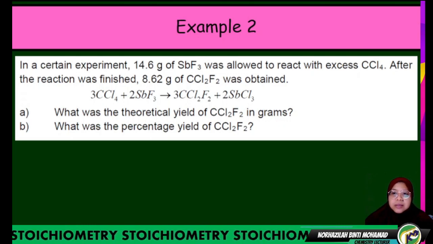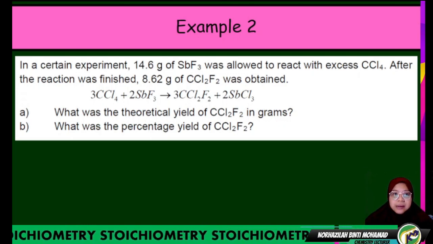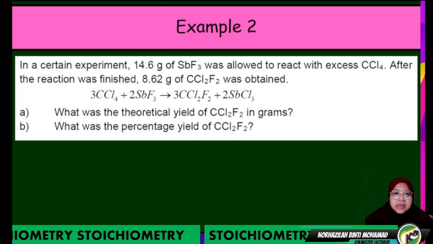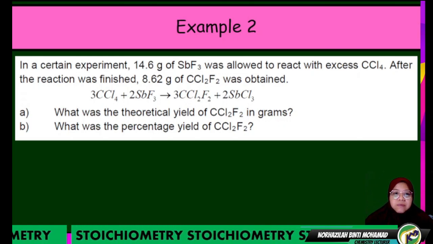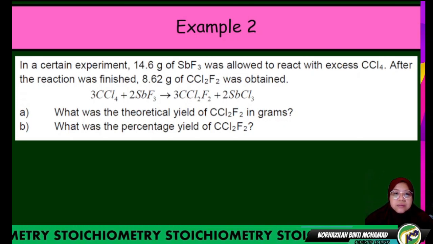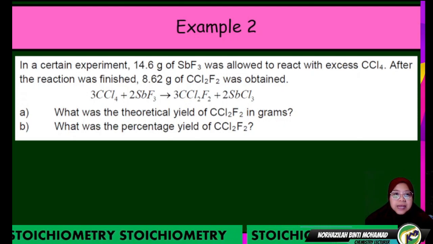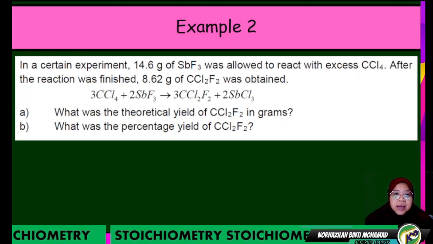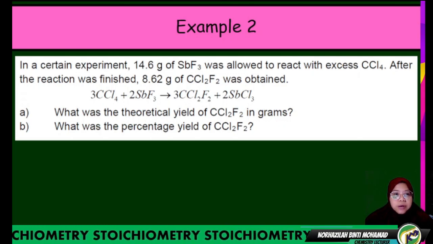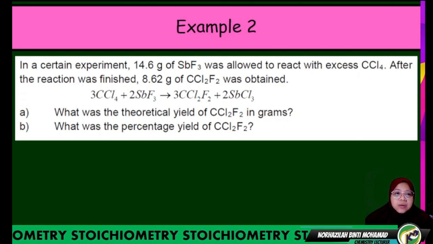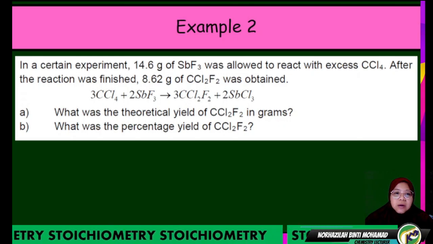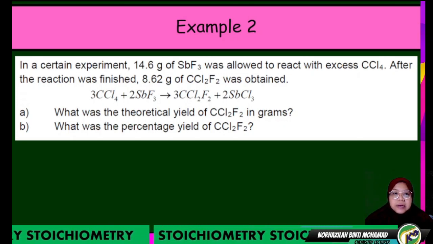So we have to make sure that this equation is balanced. So I have 3 CCl4 react with 2 antimony fluoride, produce 3 difluoromethane and 2 antimony chloride.